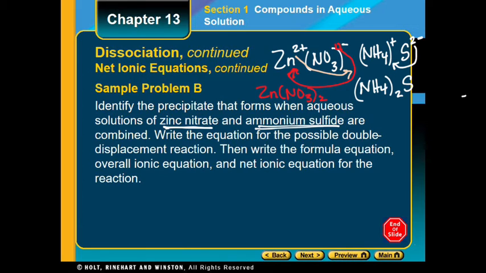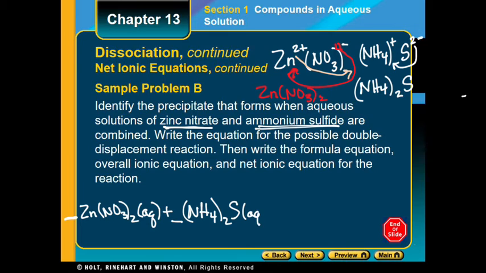So we write down zinc nitrate, and since it says they're aqueous solutions, that's AQ, plus ammonium sulfide, AQ, and now we have to predict the products.